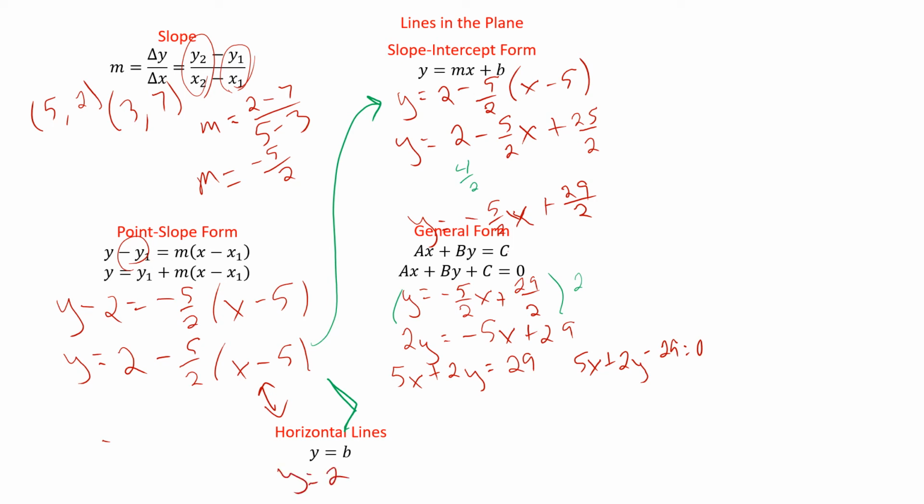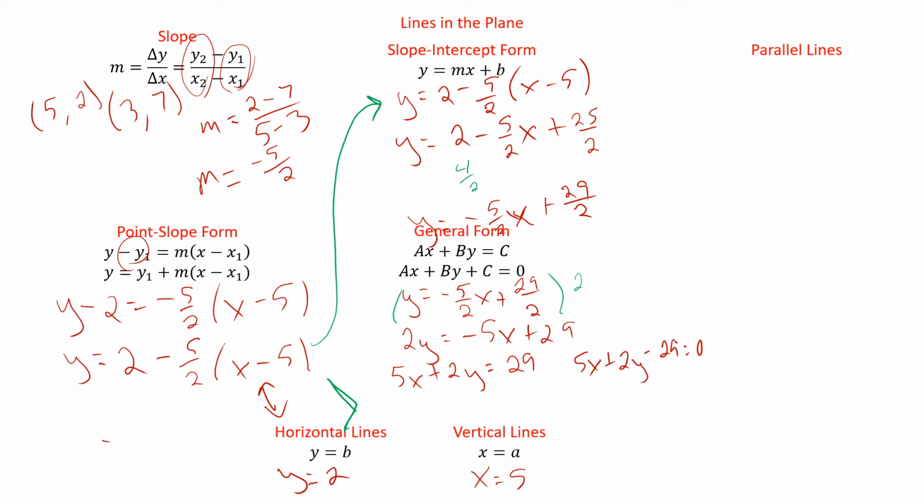A vertical line is just x equals a number, because x will always equal that number, no matter what y equals. So a vertical line through the point (5, 2) is just x equals 5. Horizontal lines have a slope of 0. Vertical lines have a slope that is undefined, because in our slope equation we'd get something divided by 0. An undefined slope just means it's vertical.